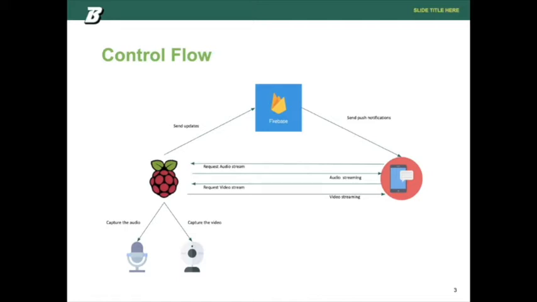Based on the output, if it's a cry, we'll be triggering a notification to the Firebase console, which in turn pushes a notification to the mobile application, and the user gets notified that there's an infant cry, and has the ability to choose whether he wants to view the video stream or not. That is how the parent can monitor the infant.